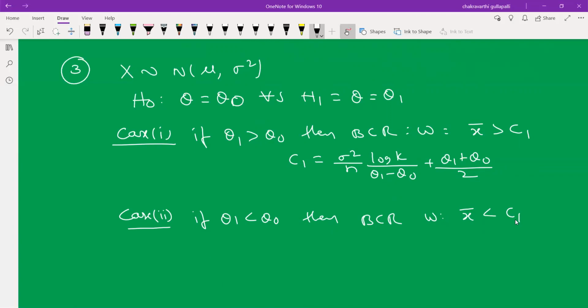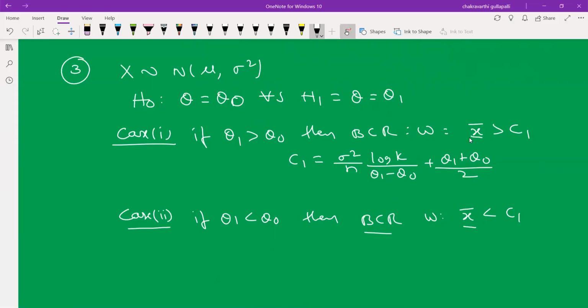C1 is the same thing here: sigma square by n, log K by theta 1 minus theta naught, plus theta 1 plus theta naught by 2. This is the BCR of the normal distribution when sigma square is known.